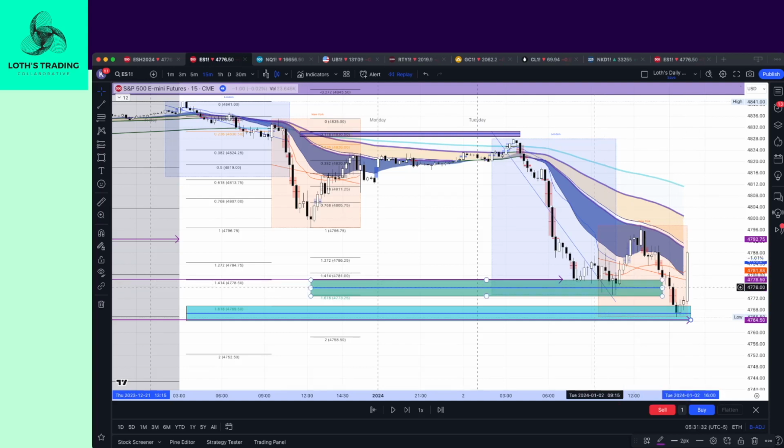What you can do is either wait for price to come all the way down for exhaustion and trade for these bounces, or if you're shorting from an earlier entry, you can continue to hold that short until price has reached one of these boxes, and then you can close, and then once again short until it reaches one of these boxes.